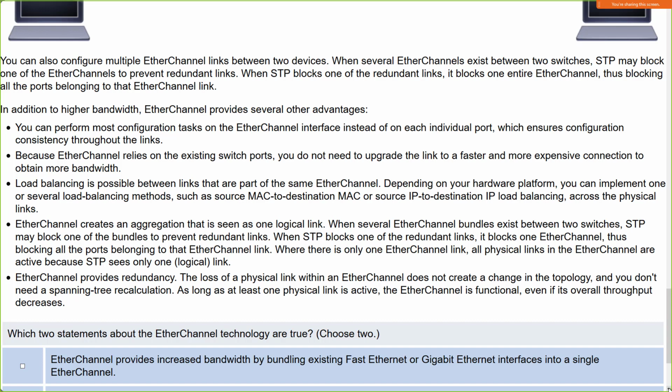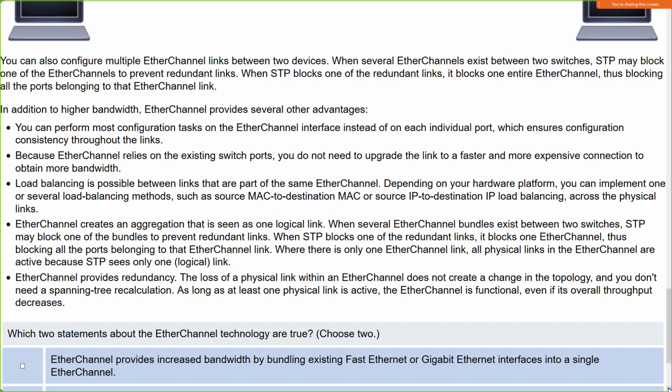All right. What are some of the other advantages of EtherChannel? Most of the configuration takes place on the port channel interface, which is a logical interface that gets created once you configure the EtherChannel. So if I've got 8 ports in an EtherChannel, I don't have to configure each of the 8 ports. I just configure the logical port channel interface, and that configuration gets propagated to the physical interfaces.